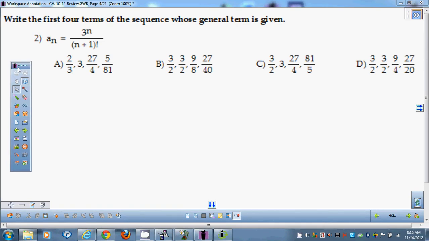When it gives you a general term, it's just going to give you an equation. So all you have to do is figure out, if you plugged in 1, 2, 3, and 4 into that equation, which set of numbers does it give you? I'm going to give you a moment to look at that, put forth your answer, and then we'll look at it.